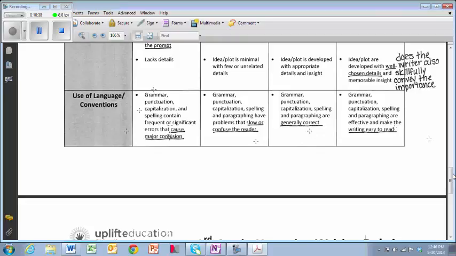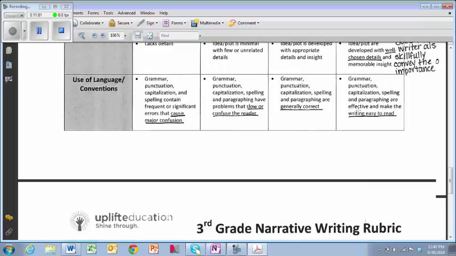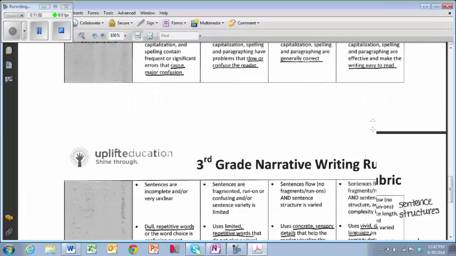That would cause major confusion. A level 2 would be, it would slow you down as a reader, but you could still kind of get it. A level 3 would be, these are generally pretty correct. And then a level 4 is that every way that they've used grammar and punctuation and spelling actually makes it easier to read. So very few mistakes.